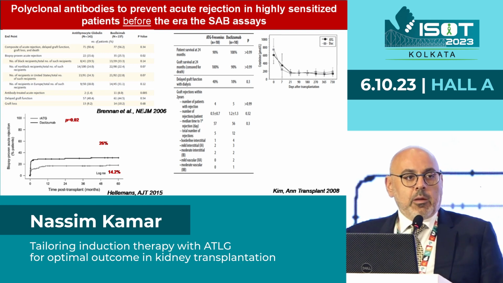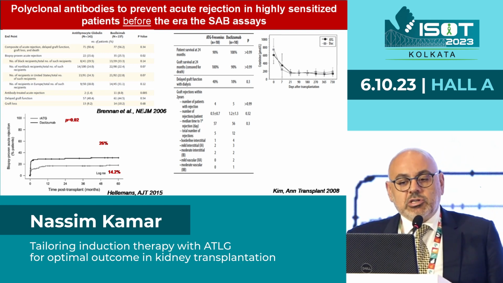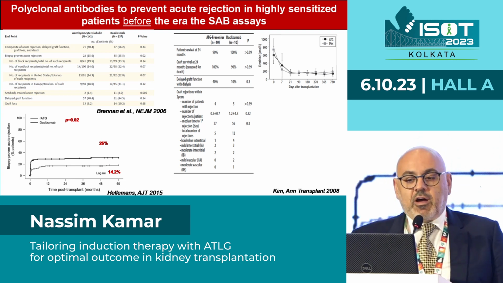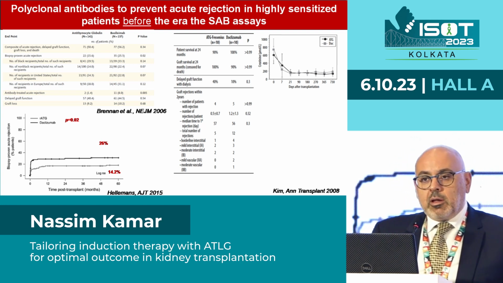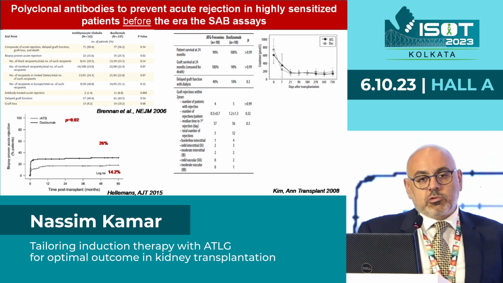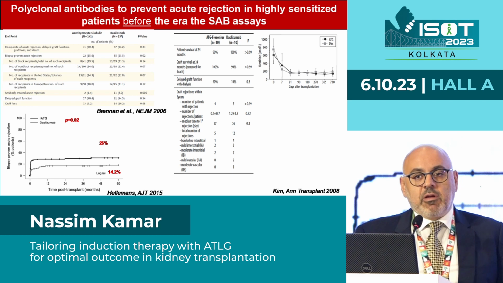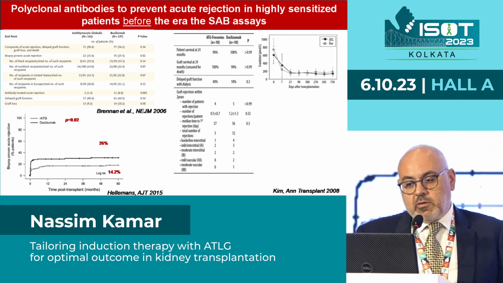In the first paper, by Brennan, published in the New England Journal of Medicine, the biopsy-proven acute rejection rate was 15% on thymo compared to 25% in patients on basiliximab. Another study was done in France, the TAXI trial published in AJT, and it also showed a higher risk of acute rejection in patients given basiliximab compared to patients given polyclonal antibodies.